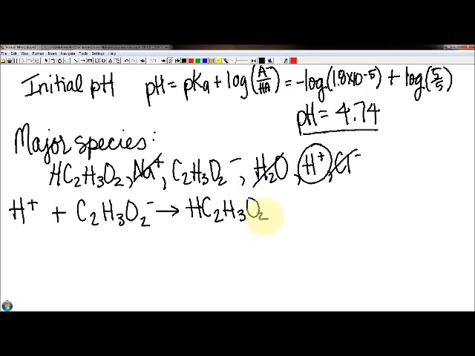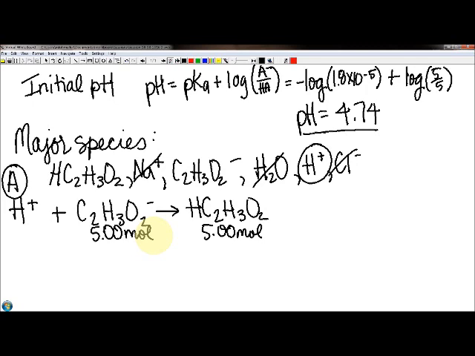Before the reaction, if this is all happening in 1 liter, then our molarities given for the solution are also the moles in the solution. And please don't forget, we are doing this for A. If we have a 5 molar solution of the acetic acid, we have 5 moles to start. And if we have 5 molar of the sodium acetate, that means we have 5 moles to start for the acetate.